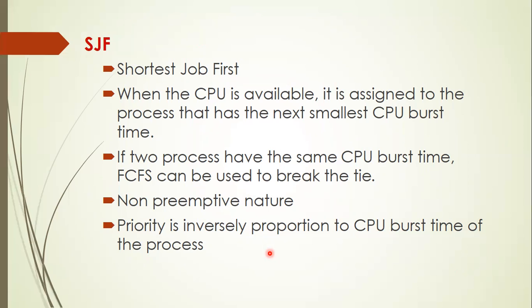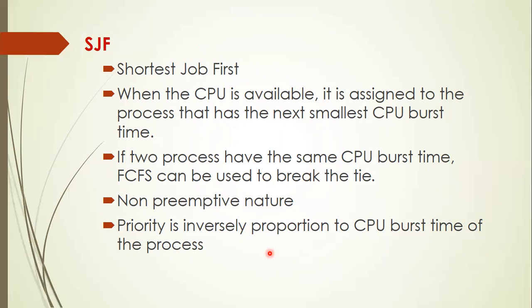If two processes have the same CPU burst time, who will get the CPU first? That is decided again by the FCFS algorithm. In the case of SJF, whenever two processes have the same CPU burst time, we apply the FCFS algorithm to break the tie. So out of the two processes with the same CPU burst time, the one which entered the ready queue first will get the CPU first. And just similar to FCFS, the SJF algorithm is also non-preemptive in nature.